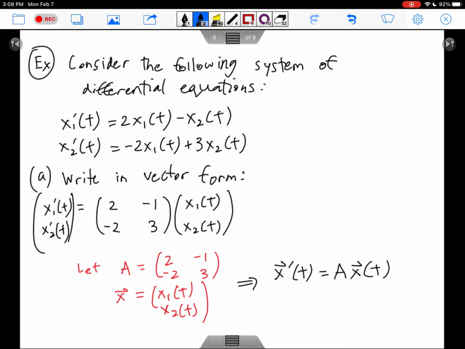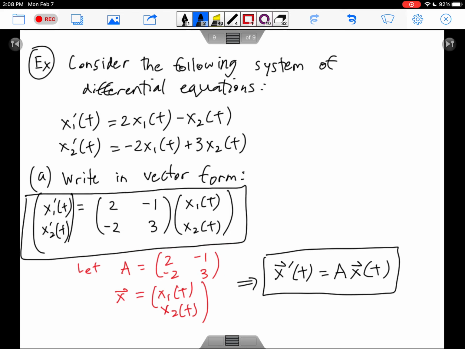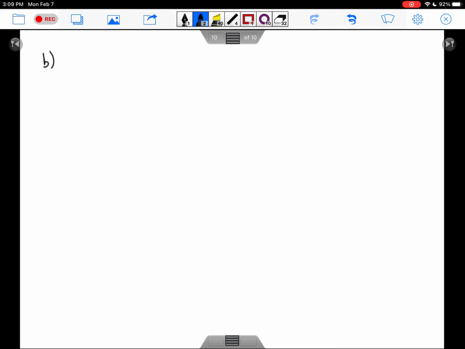For part B, we're going to do something a little bit different. We're actually going to verify that a particular vector is a solution to the differential equations. So of course we have two unknown functions, so I have to give you two functions as a solution.